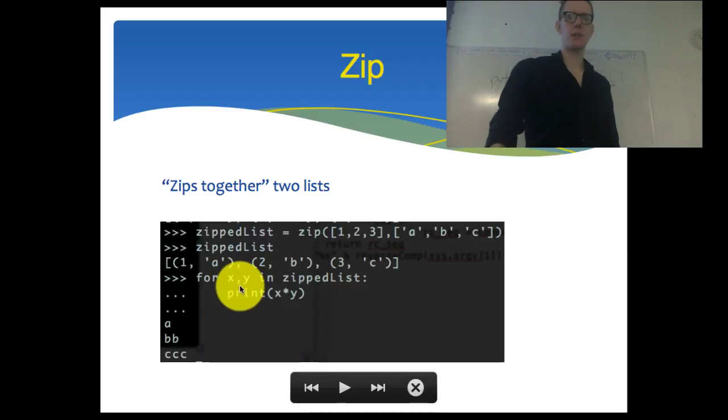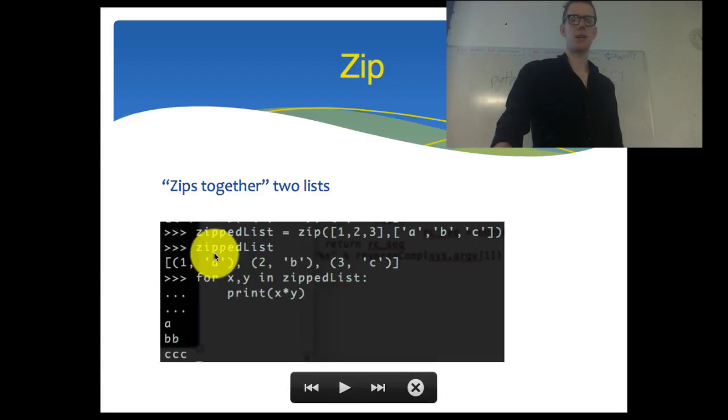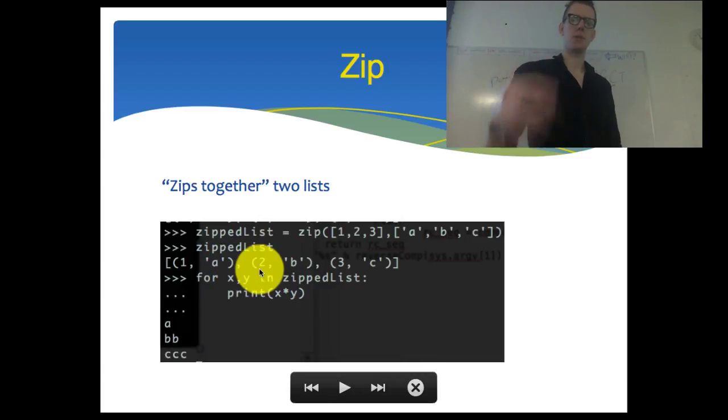Now, previously when we've seen for loops, we've always seen one variable here. We've seen for nuke in sequence, or for letter in name, for letter in Python, or whatever it was. If you're iterating over something that has multiple elements like this, so you see that the zipped list has a 1 paired with an A and a 2 paired with a B, you can actually put multiple variables here and it will iterate over them both together.